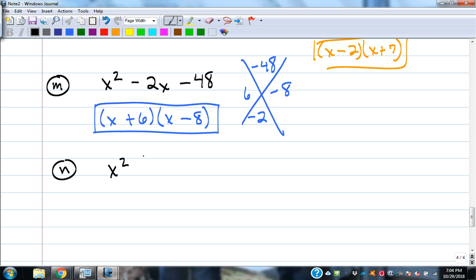Let's do another one. X squared plus 15x plus 36. 36 up top, 15 on the bottom.